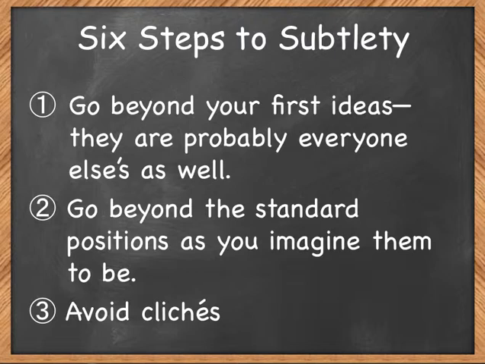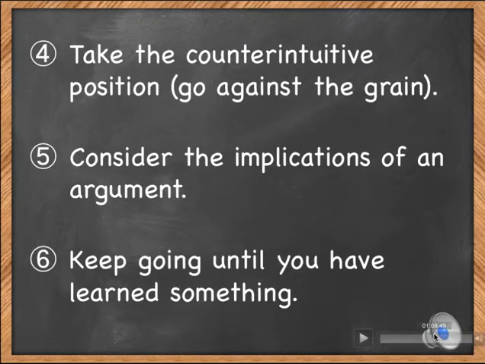Don't make the kinds of arguments that have simply become part of the standard repertoire of arguments on whatever topic that it is that you're thinking about or that you're writing about, because those are going to be in every paper, and those are going to get you defined inherently as average. If you do what everybody else does, you're average, and average in college means C, C+.